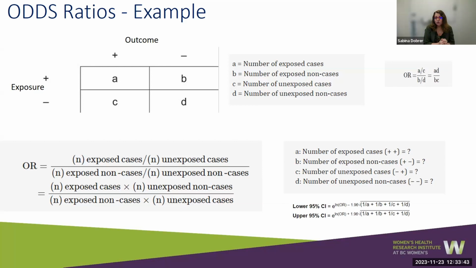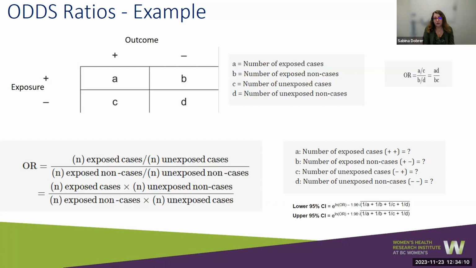Here I also showed how to calculate confidence intervals for your odds ratio. So even if you're not running the model, you still can calculate the odds ratios. I showed here the formula for how you can calculate it, and it's actually coming from logistic regression, when the regression is unadjusted.